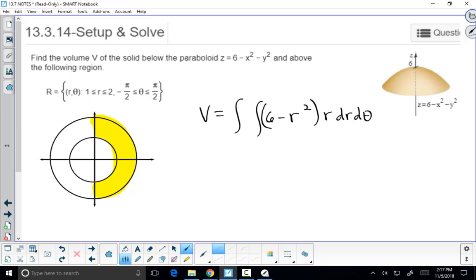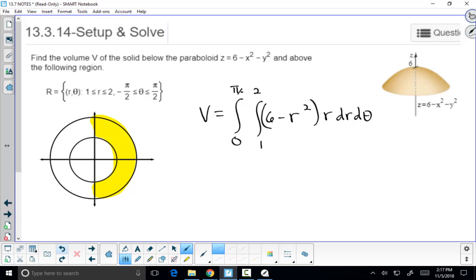Now we have to decide on what domain region we are finding that volume. So r is going to go 1 to 2. Theta is going to go 0 to pi and double it. We could do that. We could go 0 to pi over 2 and double it. Let's do that. That's a great idea. Couldn't we just collapse it in the beginning? Probably, actually.